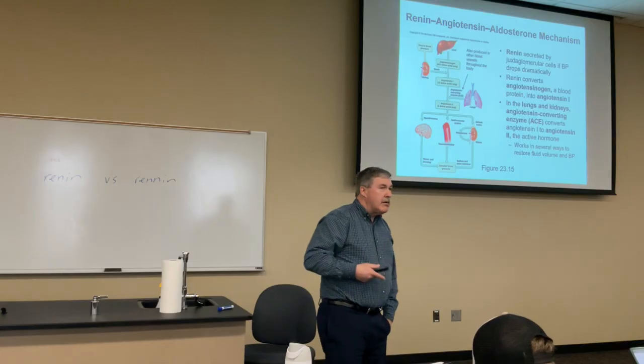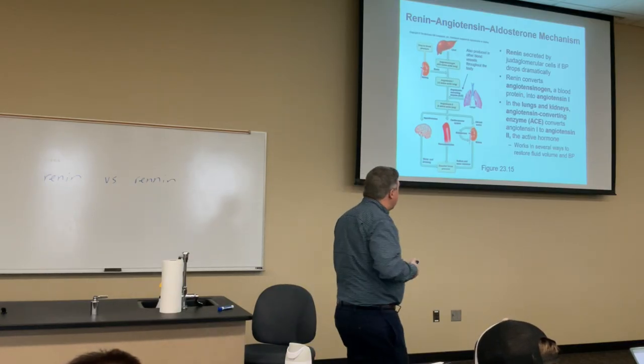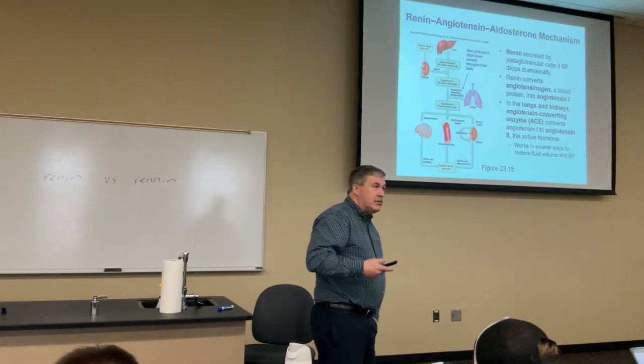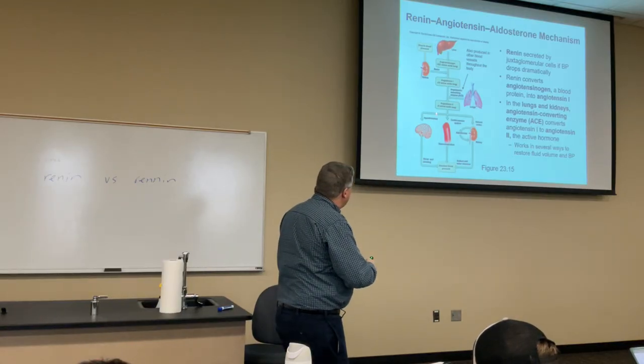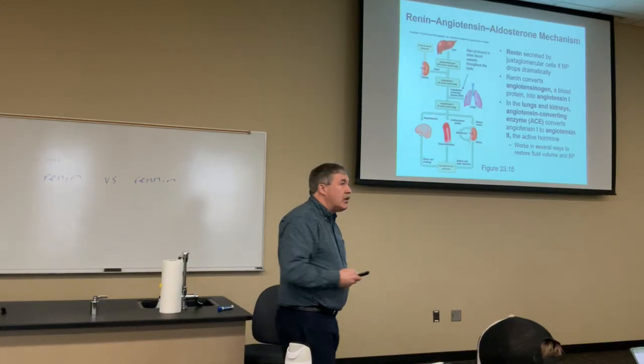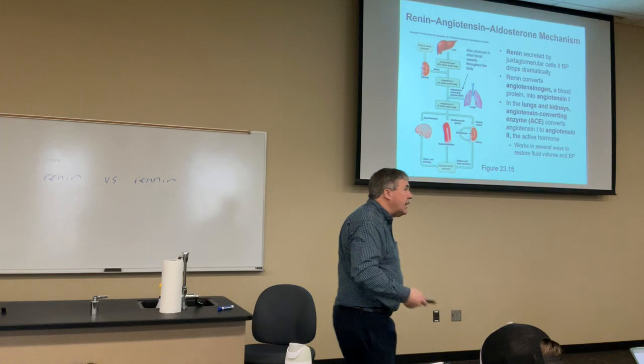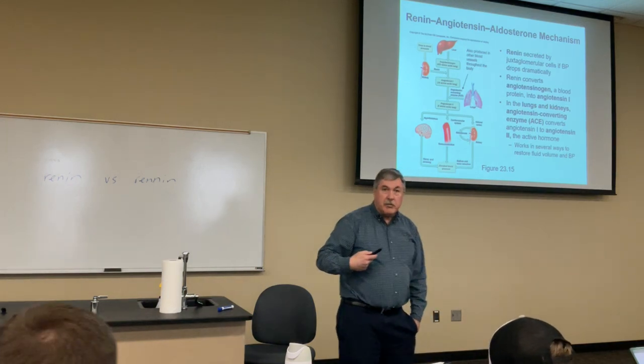So that increases water reabsorption, which again brings blood volume back up, and that increases blood pressure. In addition, ADH also increases thirst. It stimulates thirst, so you have an urge to drink more water. That also is going to bring your blood volume back up again.